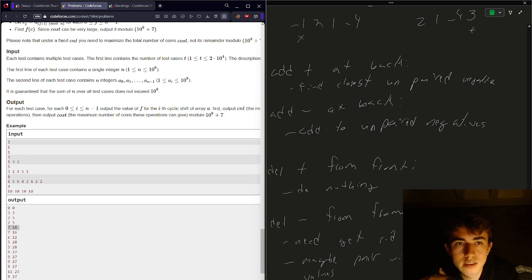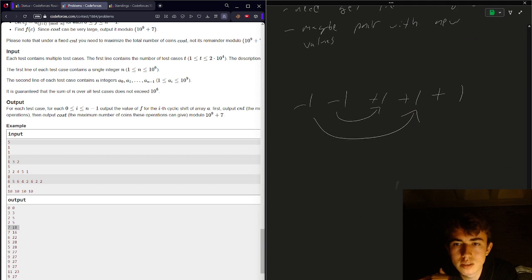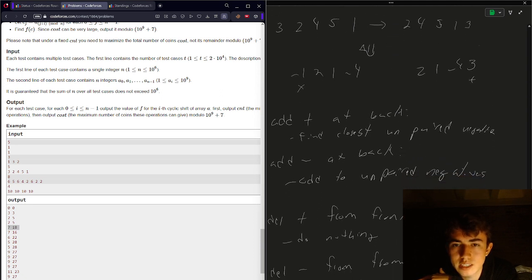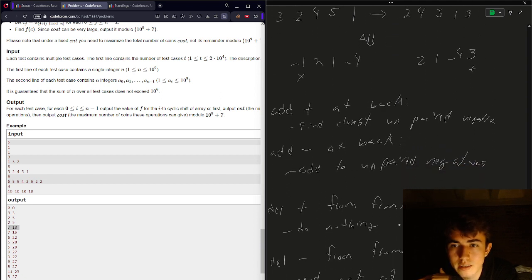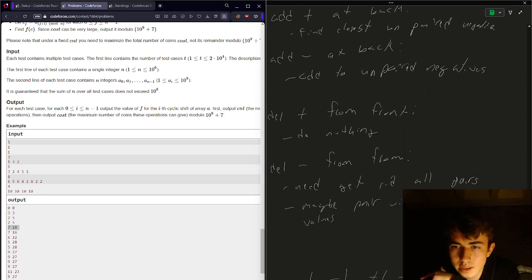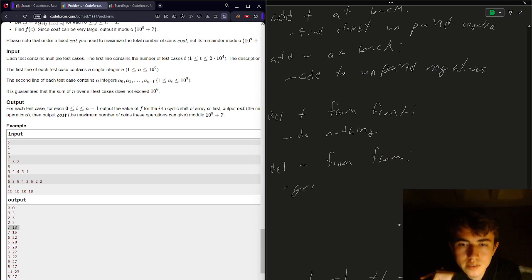Wait, so how does that change the one on the back? Find closest unpaired negative. Okay, add to unpaired negatives. Oh, just like... wait, this is easy, right? Just get rid of pairs with positives.